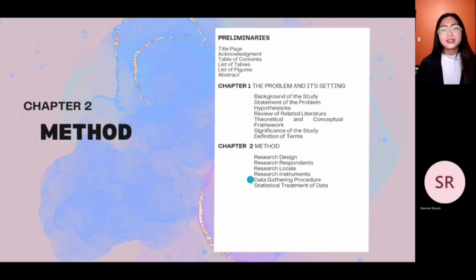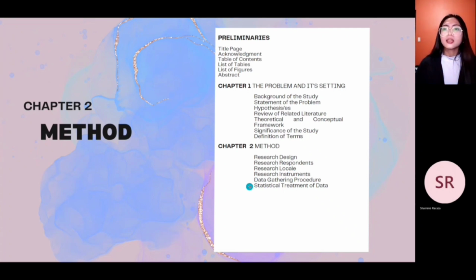And the next one is data gathering procedure. So in this part, you're just going to tell about how did you gather your data. Have you established a systematic way for your respondents to answer the questions that you ask, like that.